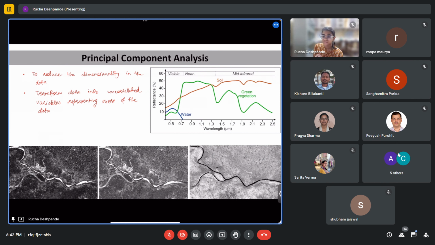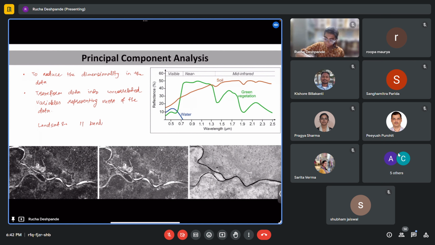For example, in the case of remote sensing images, if we are talking about Landsat 8, then Landsat 8 has 11 bands, some 11 to 12 bands, I think.